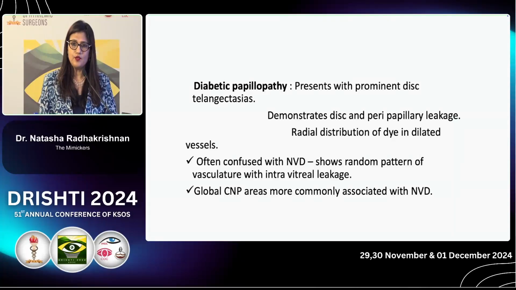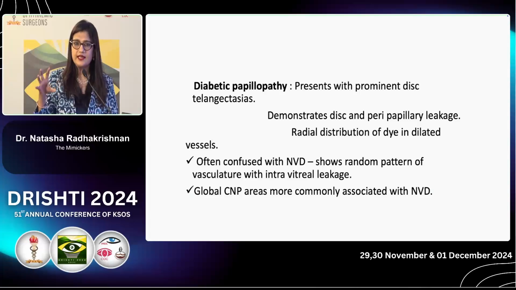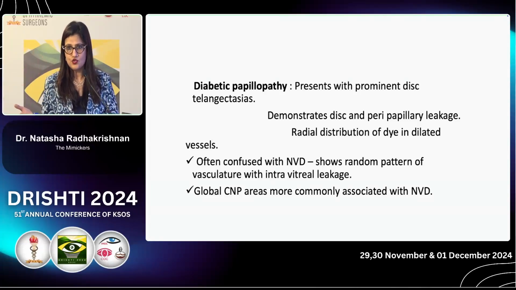The diabetic papillopathy, this is again an innocuous condition. It signifies that the patient is progressing into PDR, but it really does not require any intervention. Here you will get prominent disc telangiectasias, and you can confuse it with NVD. One differentiation from other causes is that the vision will not be affected.